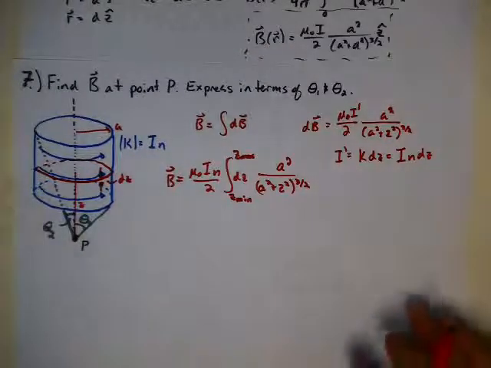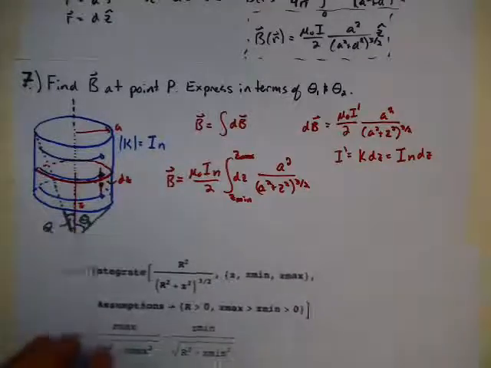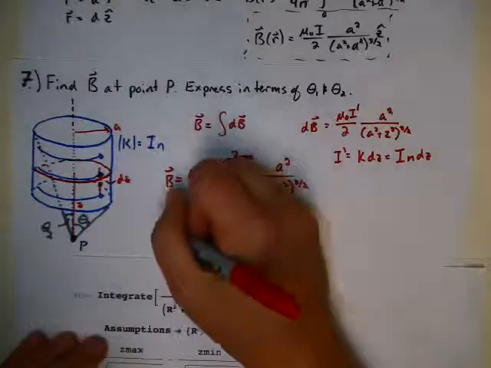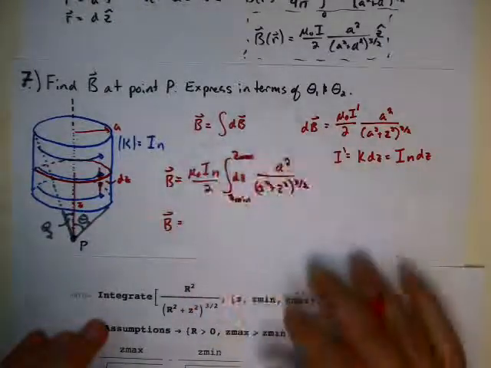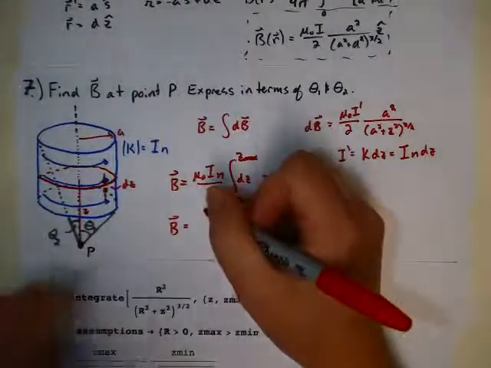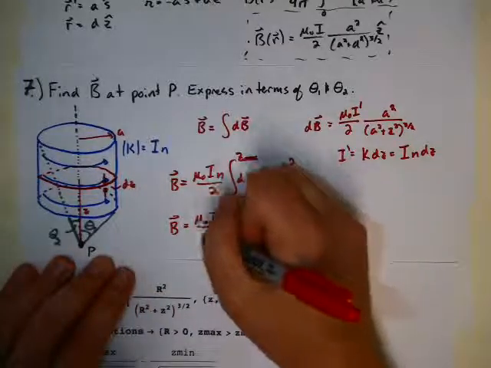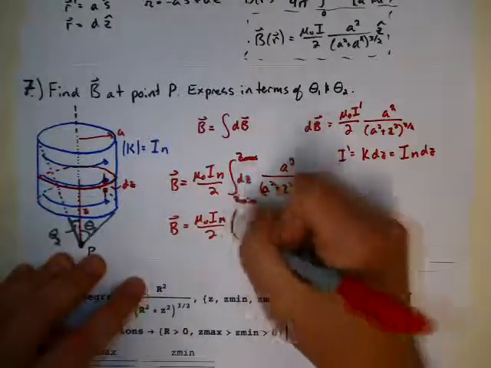Now, lazy guy, don't want to evaluate that on my own, so I use Mathematica, and I can then write this down. This magnetic field is equal to mu naught I n over 2, and then I'm going to get this expression.